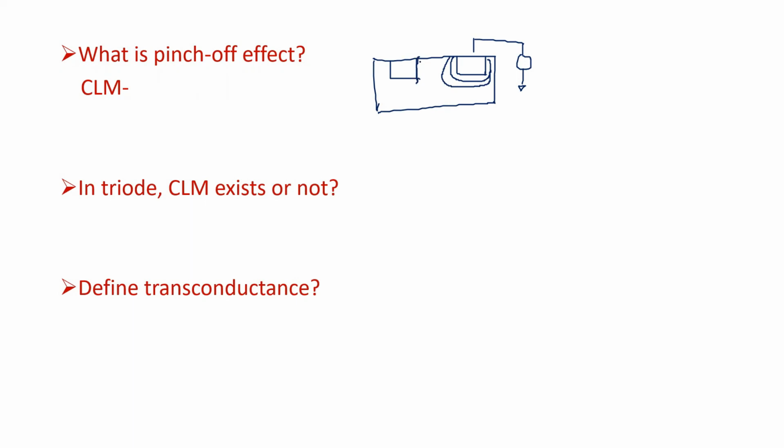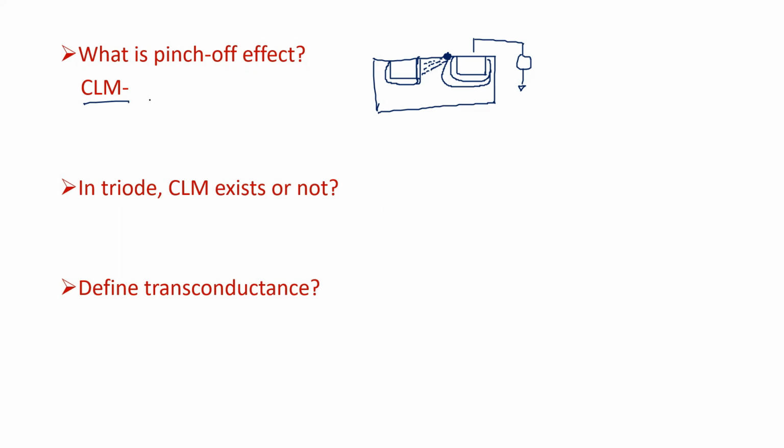And this channel is very small at that point. So there is very little space remaining for the flow of carriers, the flow of electrons. At this point, when your drain voltage is that much, only a few electrons are capable of flowing across it. This is known as the pinch-off effect, and you can search it.